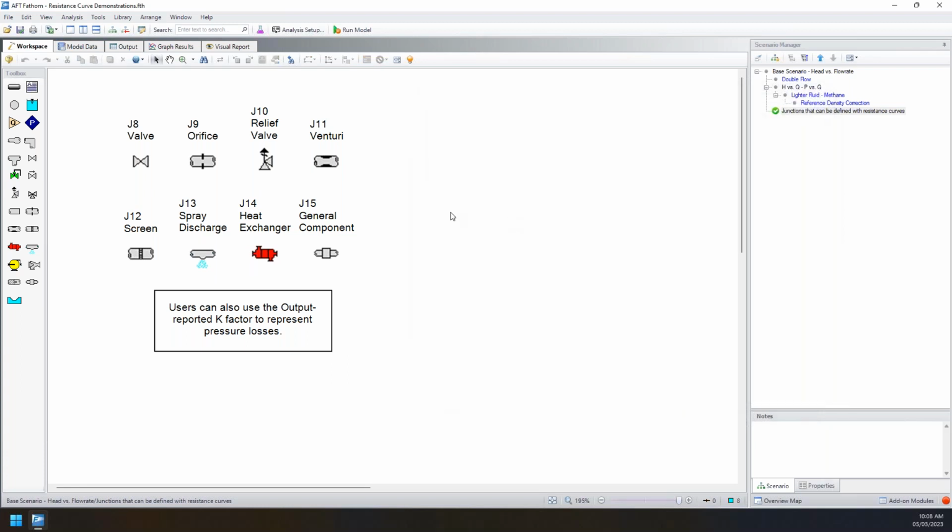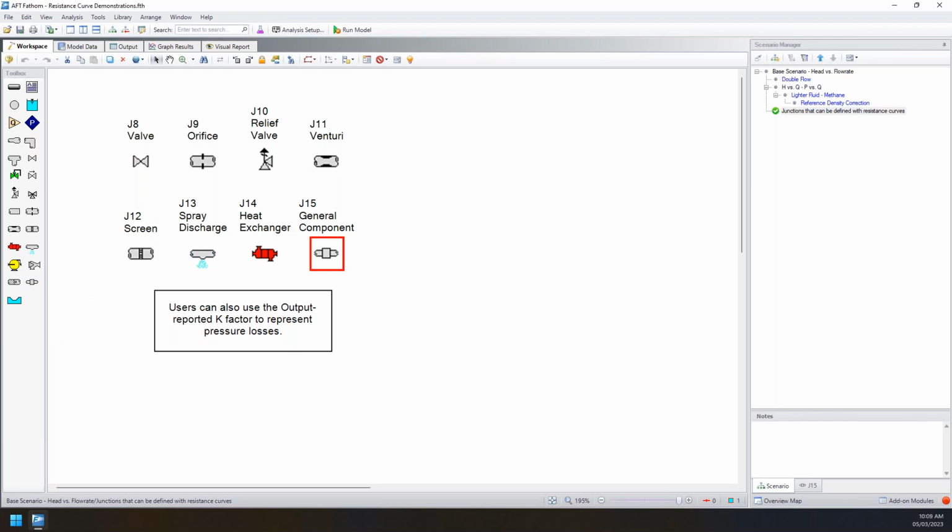And again, in a lot of cases, as we mentioned, your component may not fit neatly into any of these types of components. So one thing that we would recommend is using this general component, which you can see down here on the lower right of the toolbox. And that is sort of the jack of all trades.